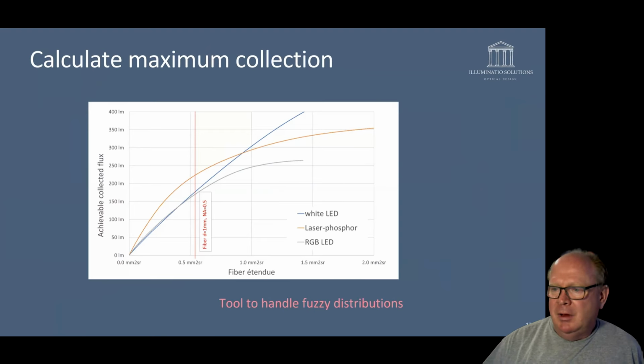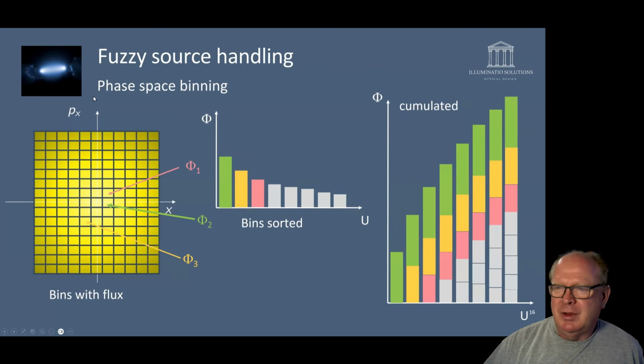You mean this one here? Yes. You may imagine you get the source in terms of a ray file, and I think most of us illumination engineers did program some kind of ray file analysis.